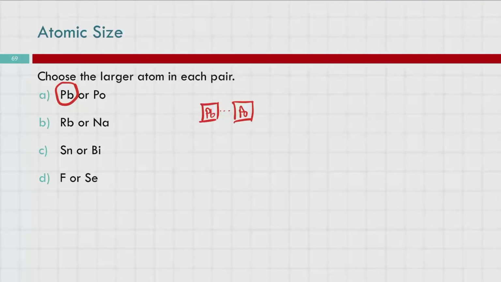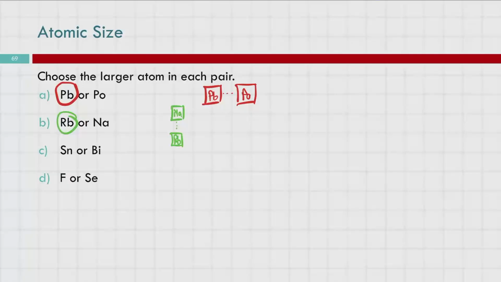Pb is going to be bigger. Then we've got Rb or Na. It's going to be Rb because it's further down. So down and to the left is larger.